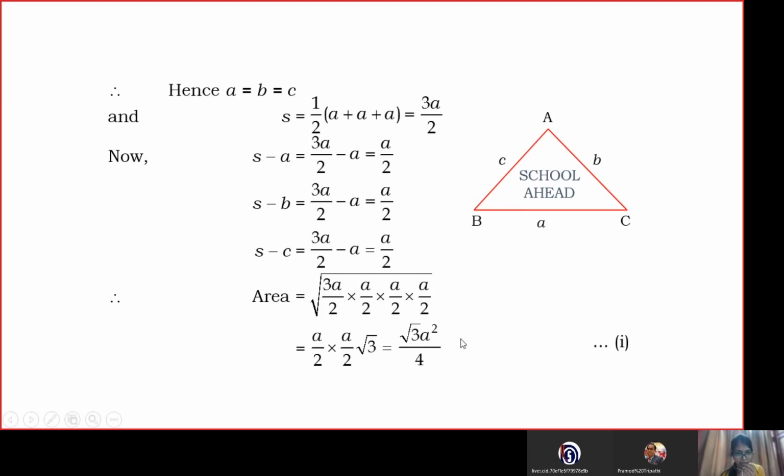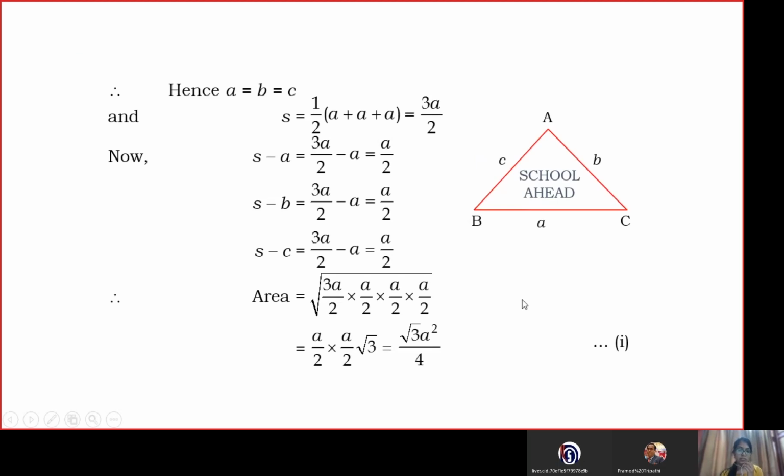Is that understood? I hope you've understood that the area of the equilateral triangle can be derived using Heron's formula, and it is root 3 A square upon 4.